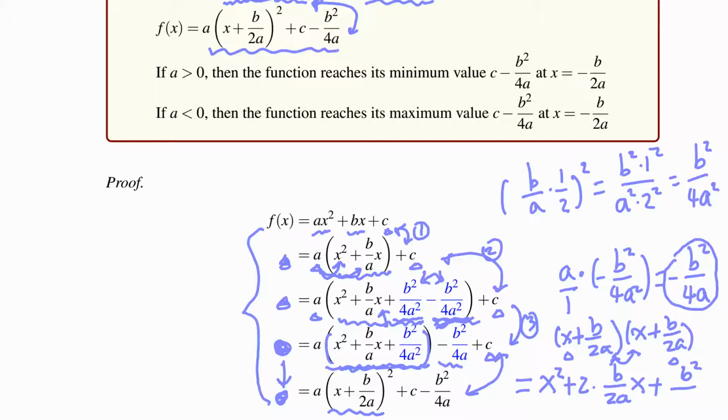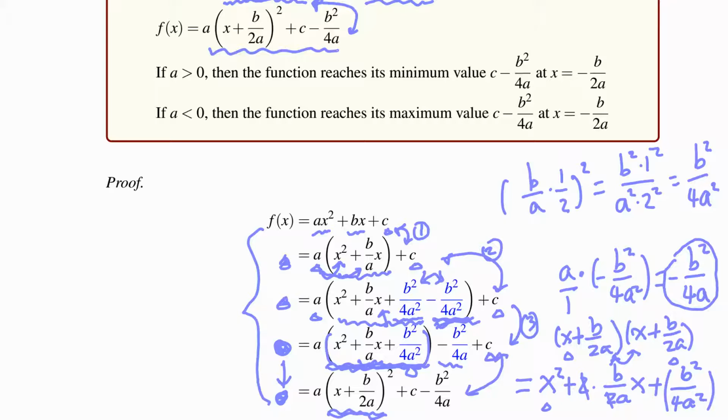2a times 2a is 4a squared. So then you see you cancel this a with this a, that's b over ax. That's the middle term. The last term is the one right here. And then the first one is x squared. So inside the brackets gives us a complete square.